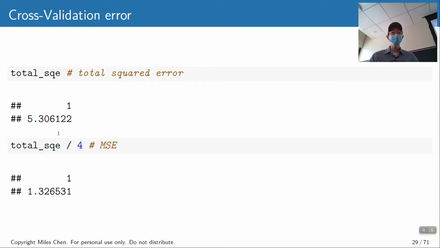That's going to be my total squared error for the 4 different cross-validation sets that I've done. And so if I take that and I divide by 4, then my mean squared error is 1.326. And so this would be the leave one out cross-validation error for this particular data set of 4 data points and fitting a linear regression model.